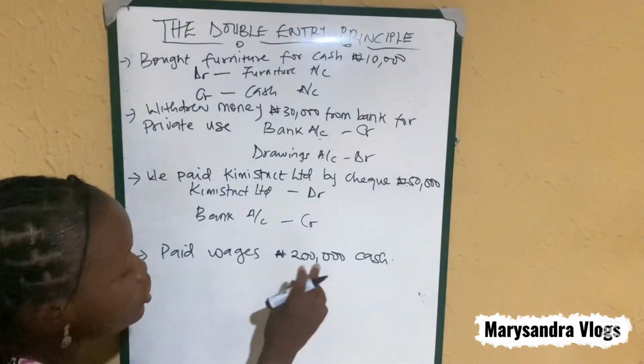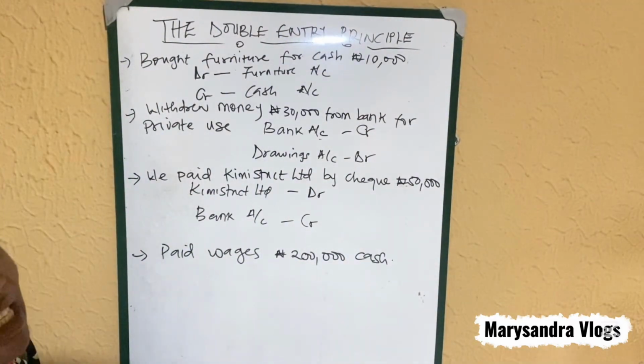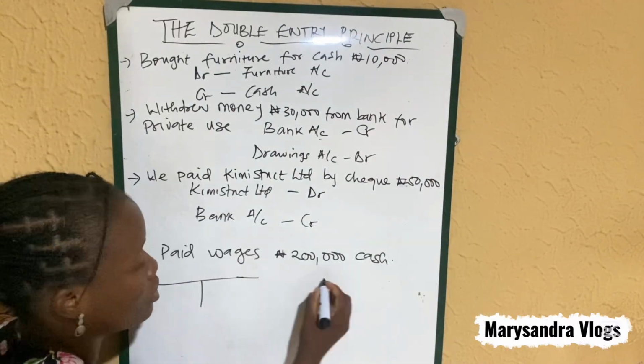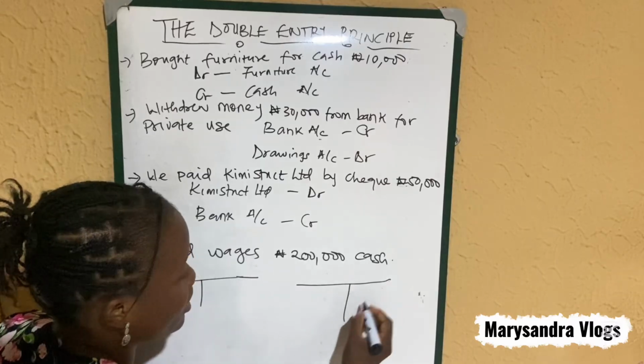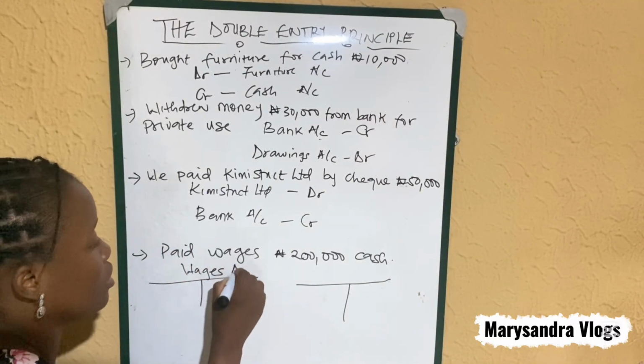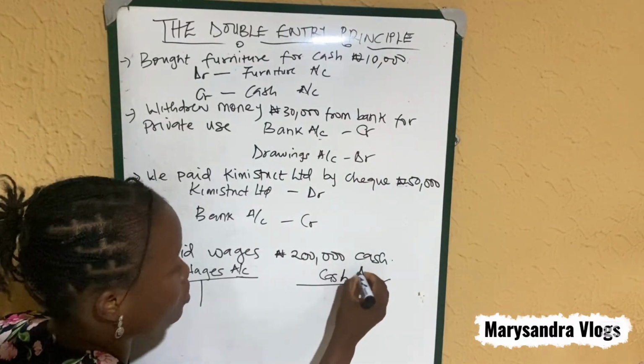Now, paid wages of 200,000 naira cash. The traditional method of opening T account was like this. So let me use it in this final example. So we have wages account, we have cash account.